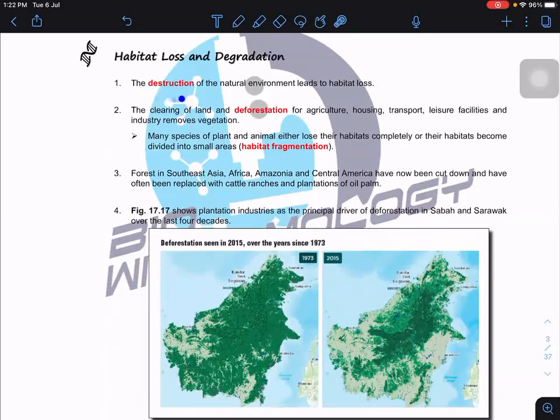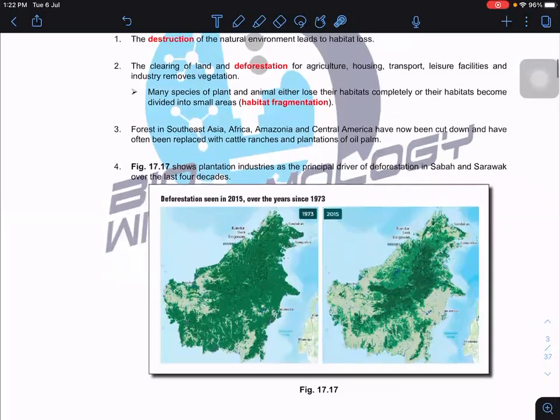Basically, destruction of natural environments leads to habitat loss. It may be due to deforestation, for agriculture, housing, transport, leisure facilities, industry, by removing the vegetation. This is one of the conditions, and it's not far away from us.